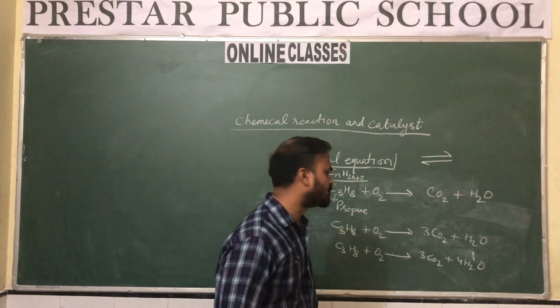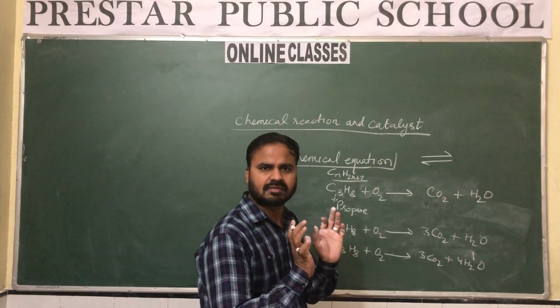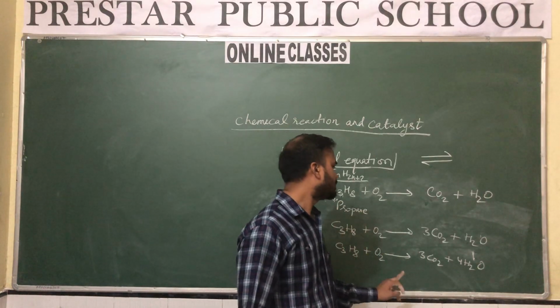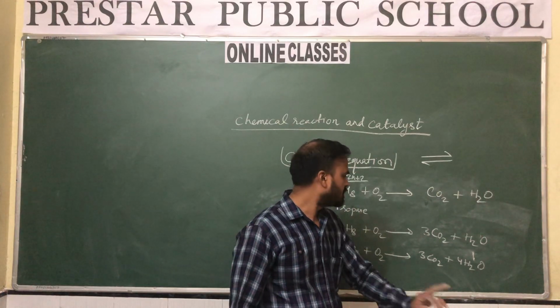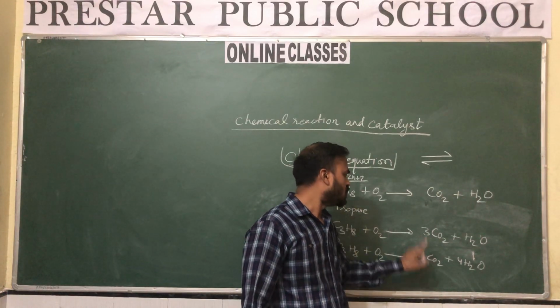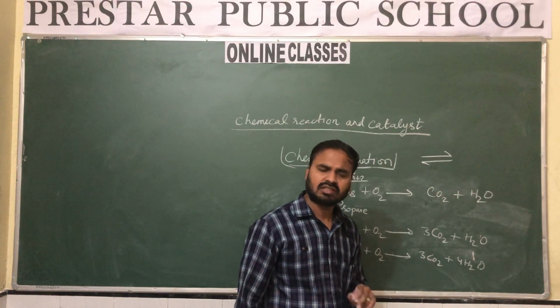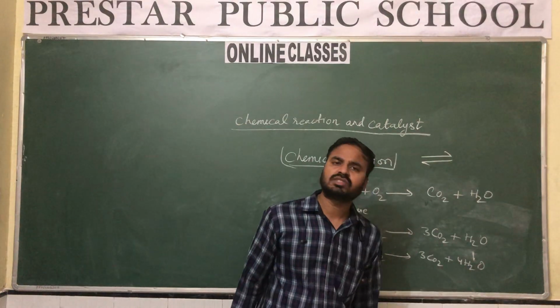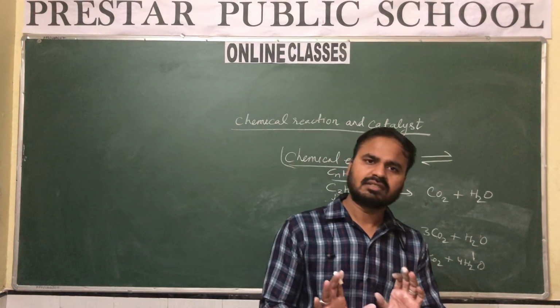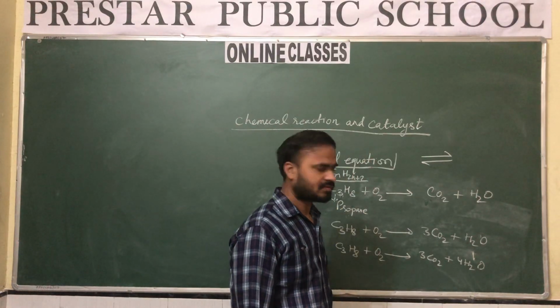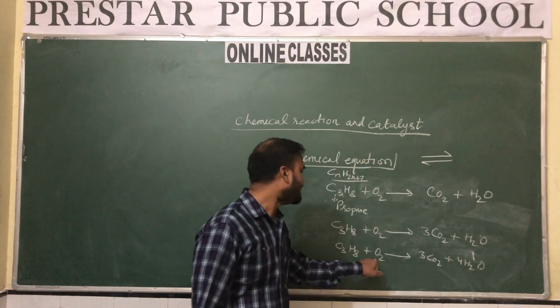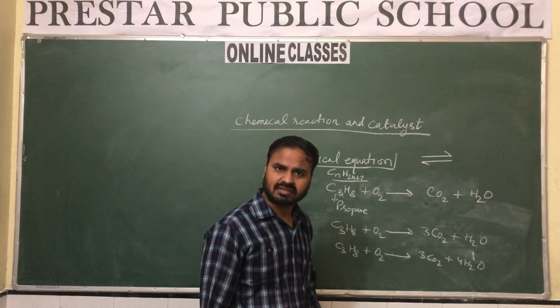Now just check oxygen. Are they balanced or not? Just check. O2 into 4, 4 oxygens, plus 2 into 3, 6 oxygens. So total 6 plus 4 becomes 10 oxygens. So here 10 oxygens are there, and here, beta, only 2 oxygens are there.